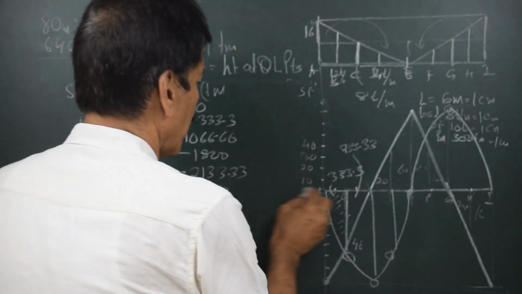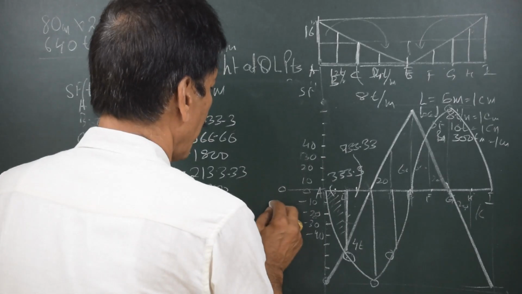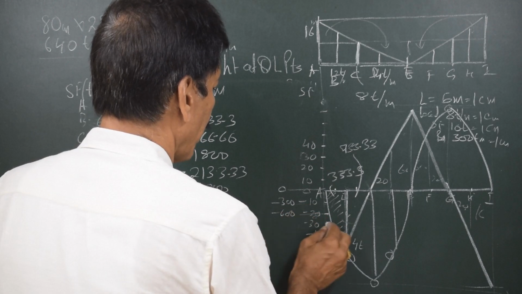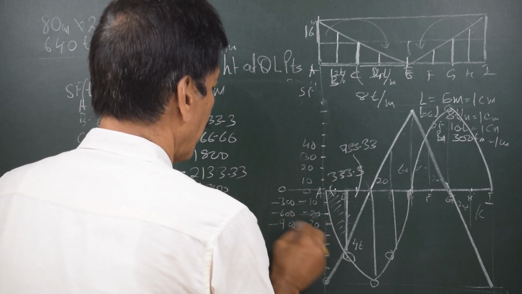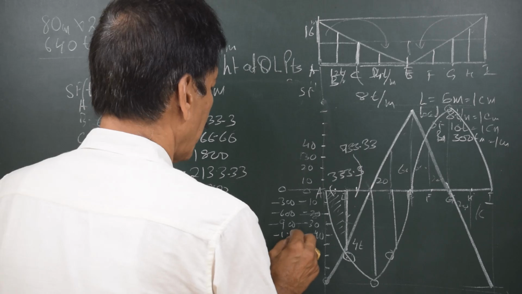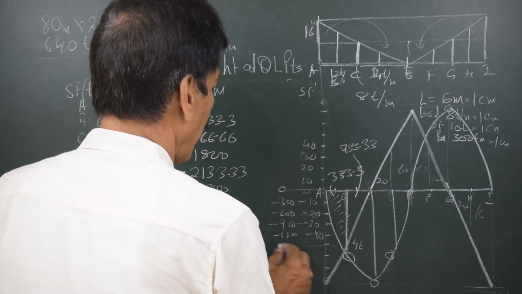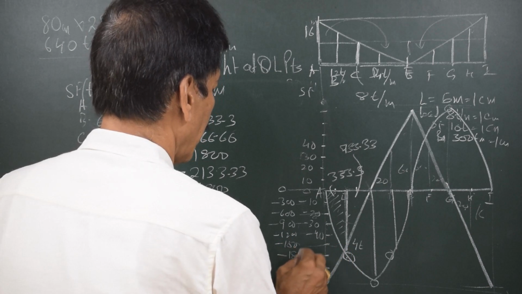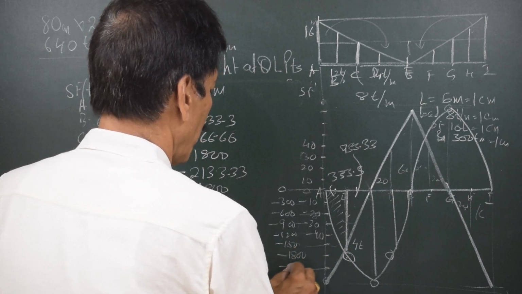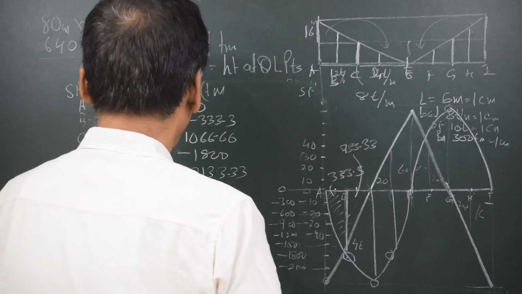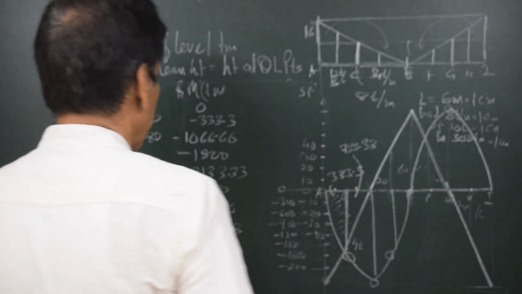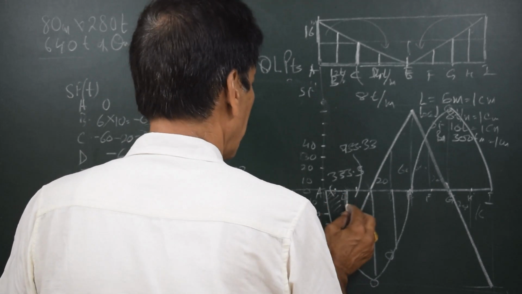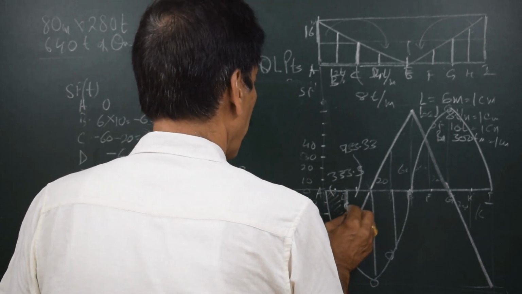So it is 0 over here. This is minus 300, minus 600, minus 900, minus 1200, minus 1500, minus 1800, minus 2100. Okay, so we start with B minus 333, so it would be somewhere over here.